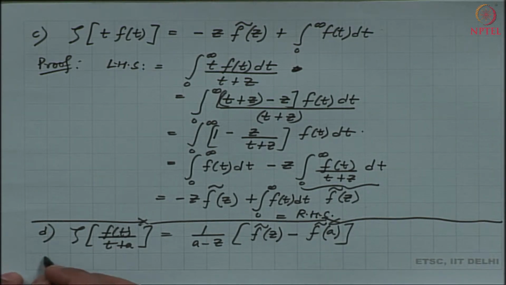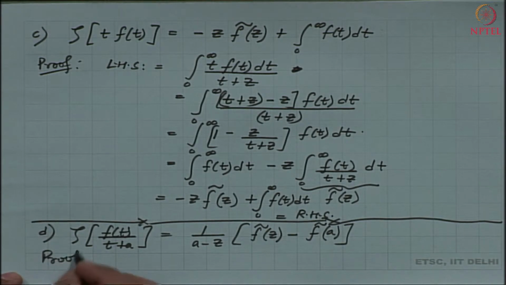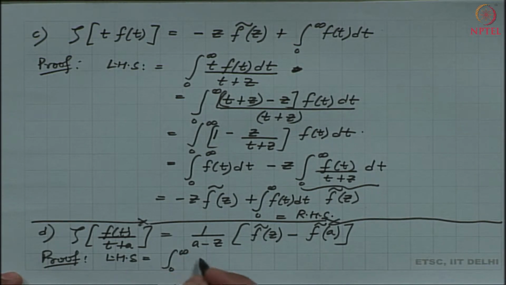Again we start with the left hand side, which is the integral from 0 to infinity of f(t) dt divided by (t + a)(t + z).